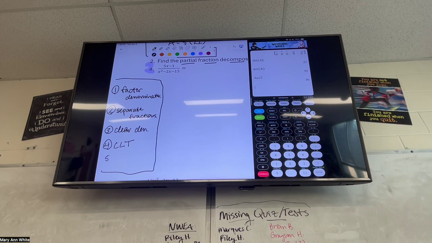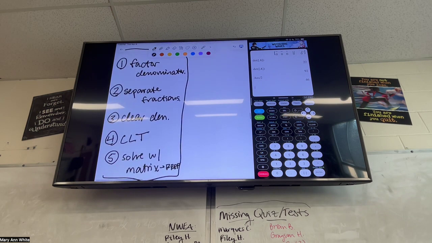And then last, we'll solve with a matrix. Now, I know that we've solved a bunch of different ways, but I like to do RREF here if I can help it. So when in doubt, I'm going to try and do RREF whenever possible, because it's the easiest. Actually, that's the only reason. It's the easiest.